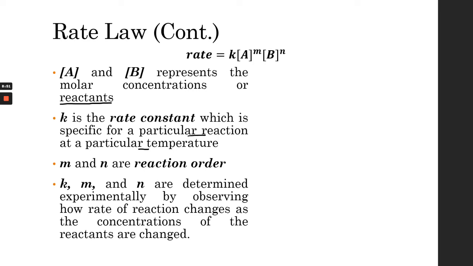One important thing about rate law is we can only get the rate law experimentally. So we have to conduct an experiment. We cannot get K, M, and N, or we cannot create the rate law, without experimentation. And the most common experimentation that we use is what we call the initial rates method.